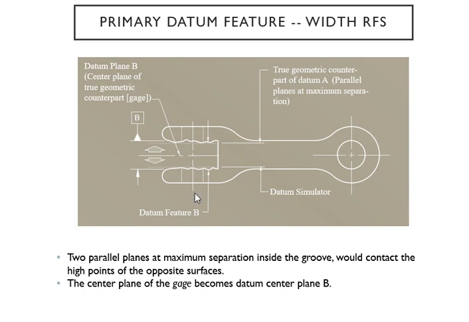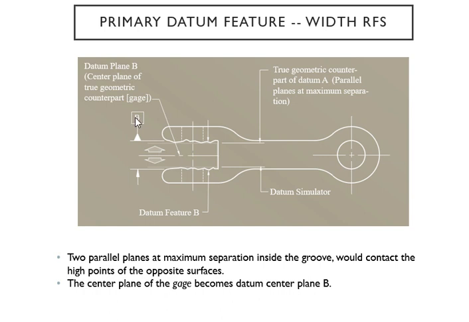And don't worry about the true geometric counterpart and things like that. That's where the gauge is going to come in. That's what it's talking about outside, in real life. And this is your datum simulator. It's going to come in contact with that. So basically, we're looking at this line right here, and that's your center plane.